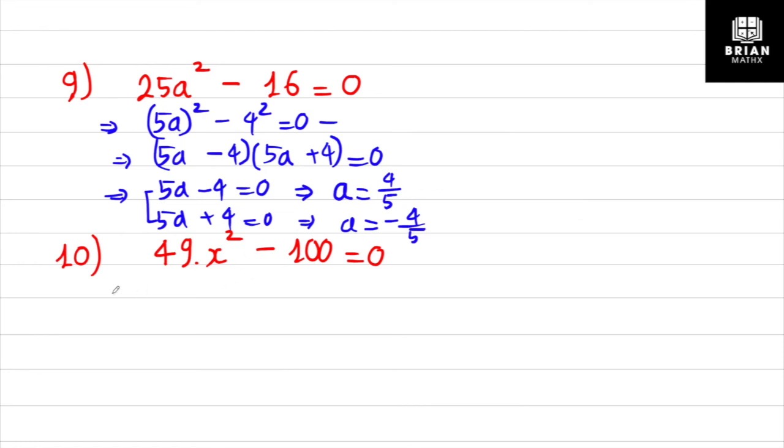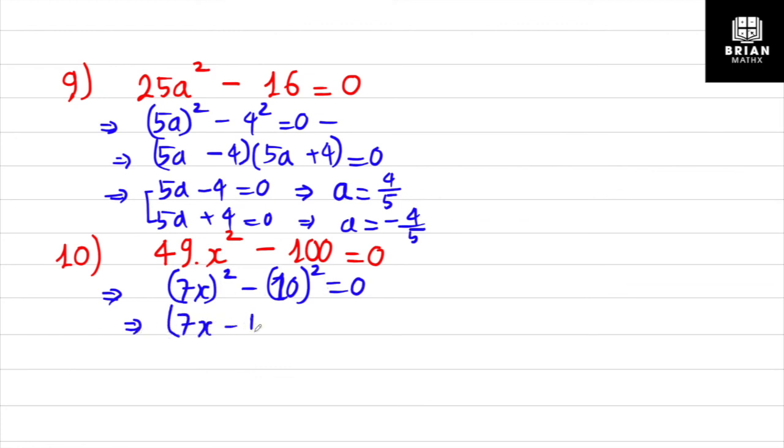Yeah, of course. 49x squared minus 100. Yeah, 7x squared, of course, 10 squared. Minus 10 squared equal to 0.